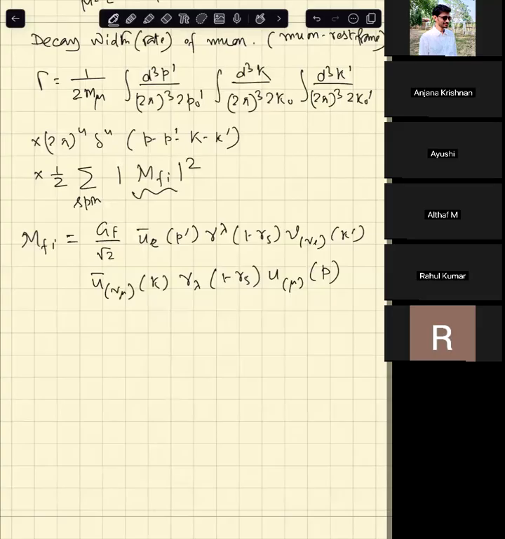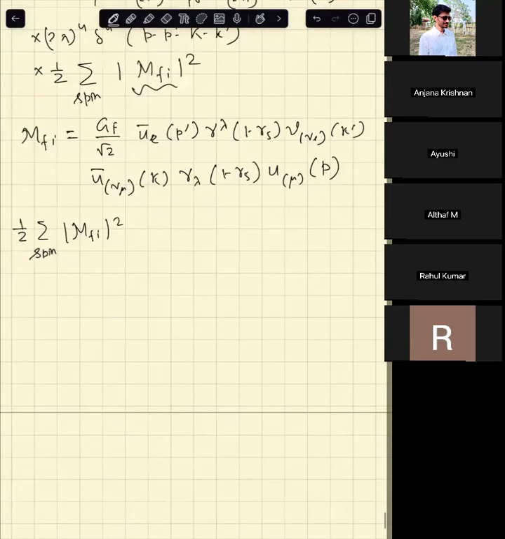So we have written down the amplitude, and now what we have to do is calculate the sum over spin of |M_fi| square, right? So if we have to calculate this half sum over spin of |M_fi| square, what will it give you? When you write down the spin sum, that will be converted into the trace, right?